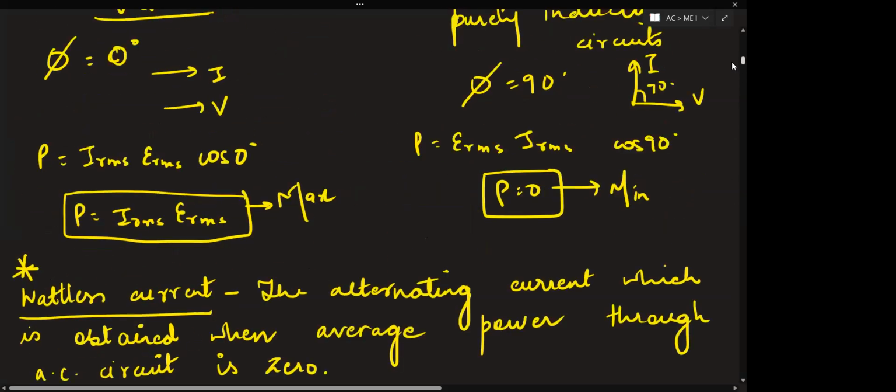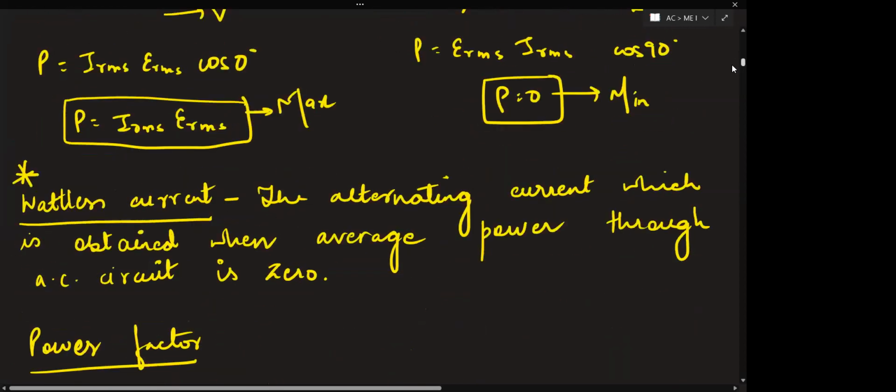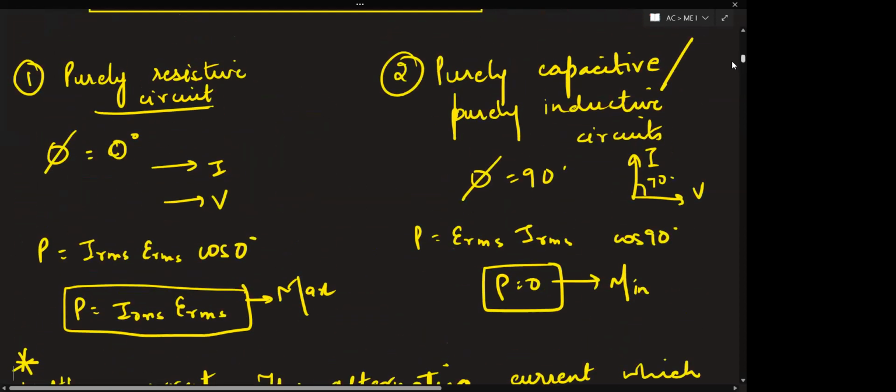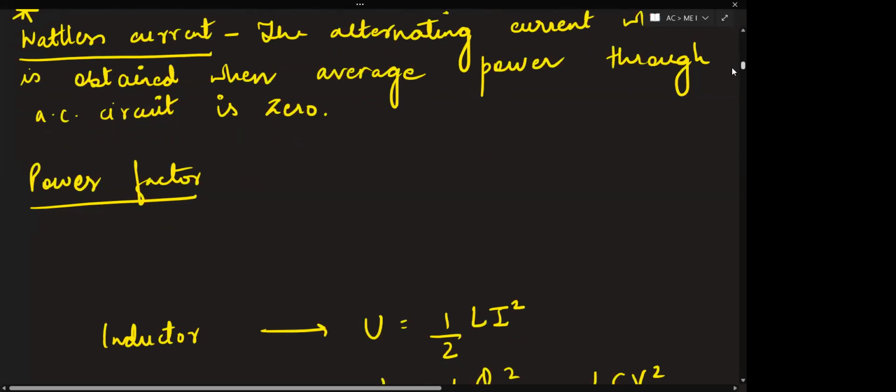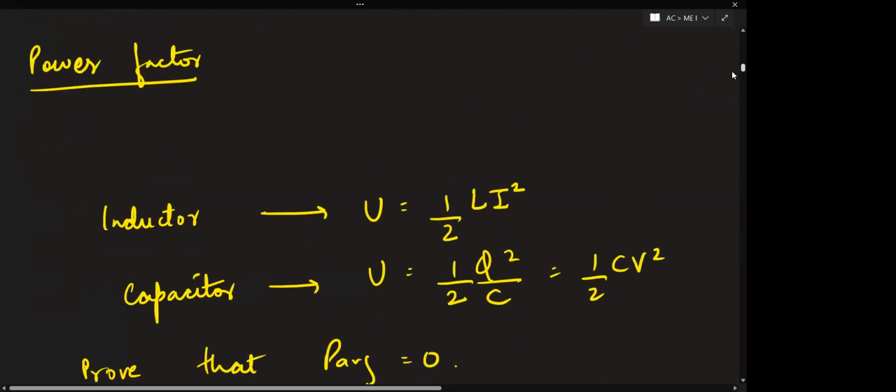So whenever the average power is 0, like for purely capacitive and inductive circuits where P is 0, the type of current present within the circuit, we will call it wattless current.